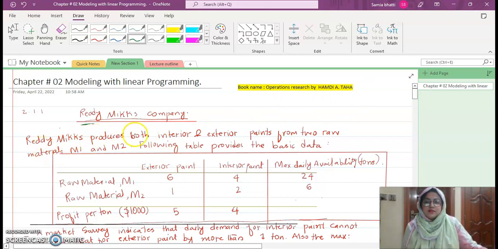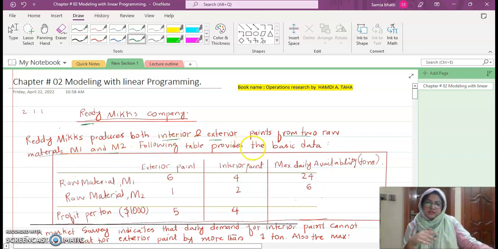Ready Mix produces both interior and exterior paints. So they are producing two types of paints, one interior paint and the other exterior paint, from two raw materials, M1 and M2. So for production of this paint they need two materials, M1 and M2.